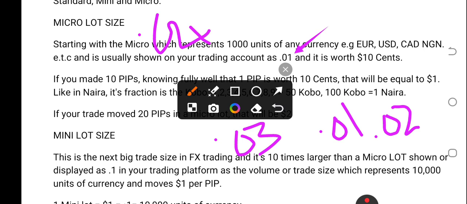So just like I told you, you are not limited, because I said a micro lot is 0.01 and you need 1,000 units of currency. No, it all depends on your margin or what you have in store.